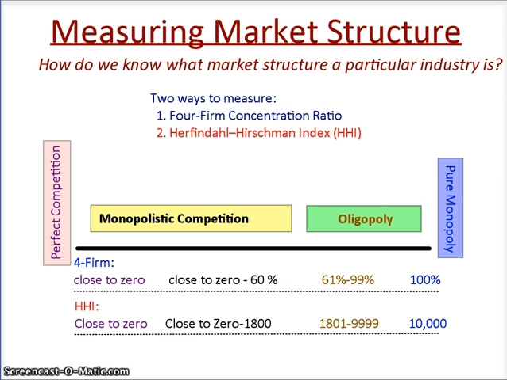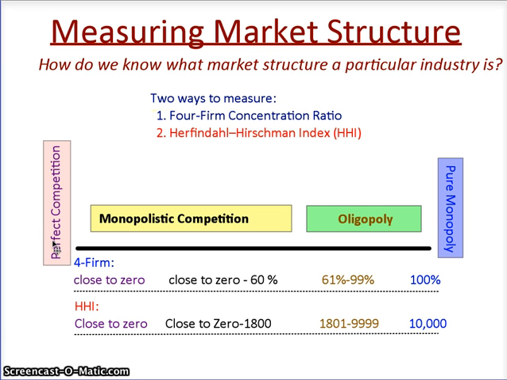So if you take a look at the screen here, we have the four-firm concentration ratio, and we have the Herfindahl-Hirschman index, or the HHI. I can pronounce HHI. Okay, so if you take a look down here at the bottom, here's that slide scale I showed you in class, where on one extreme you have perfect competition, many firms, perfect substitutes.